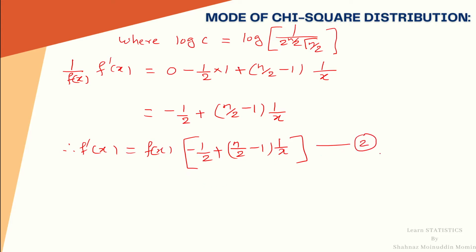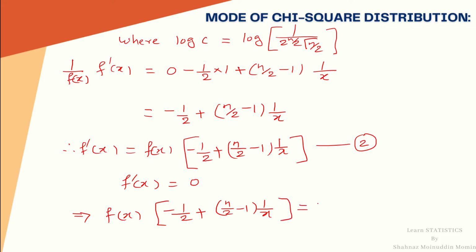Now we equate the derivative of the PDF to 0. This implies f(x) into minus 1 half plus n by 2 minus 1 into 1 upon x is equal to 0.